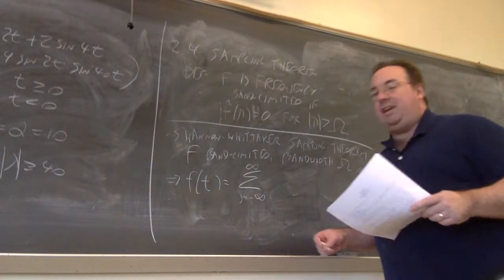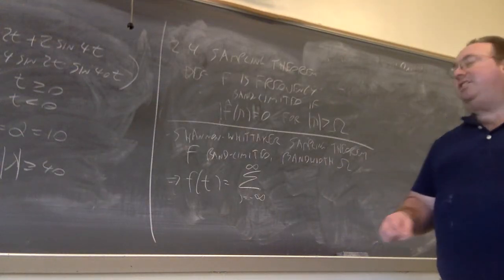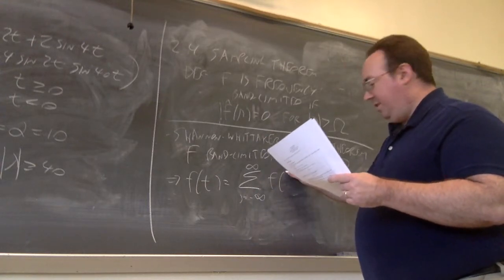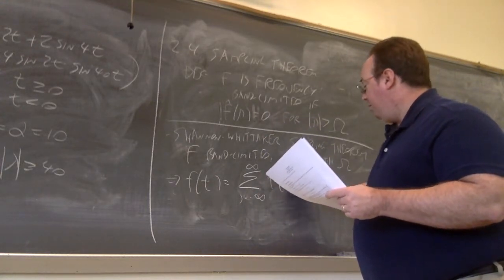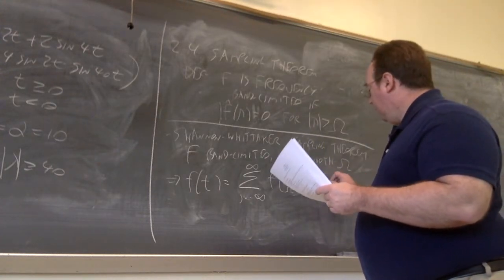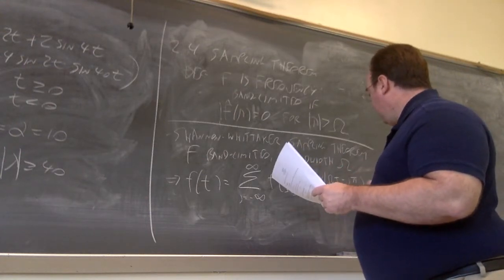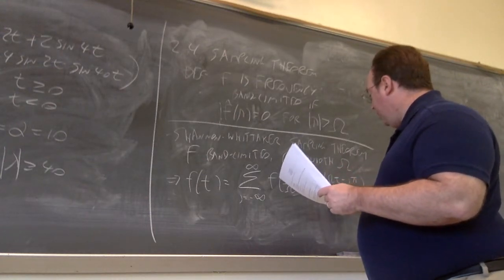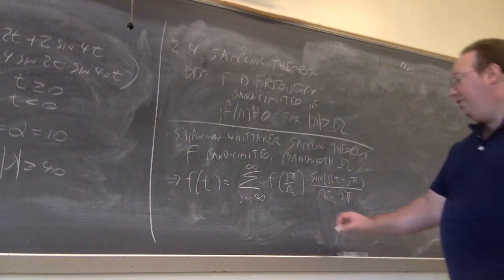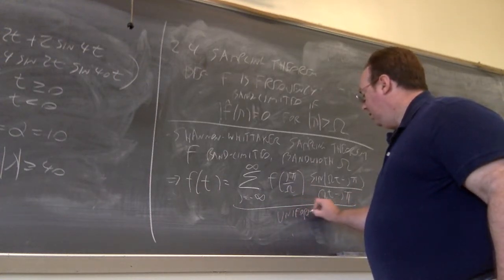So we're sampling f at a discrete set of points, and those points alone are enough to completely determine the content of f anywhere. So I have a sum of f of j pi over omega times sine of omega t minus j pi, over omega t minus j pi. Okay. And this series converges uniformly in t.